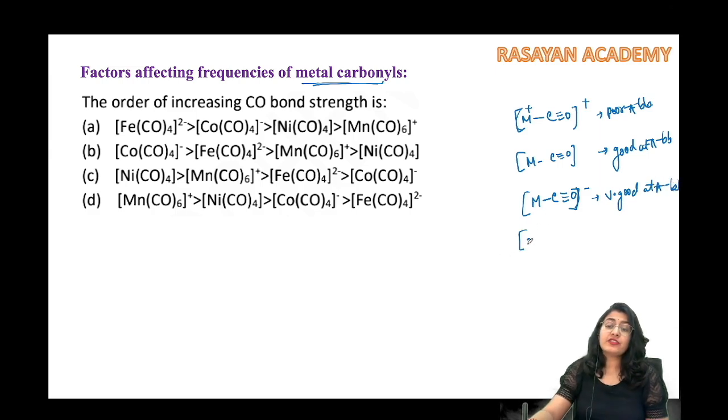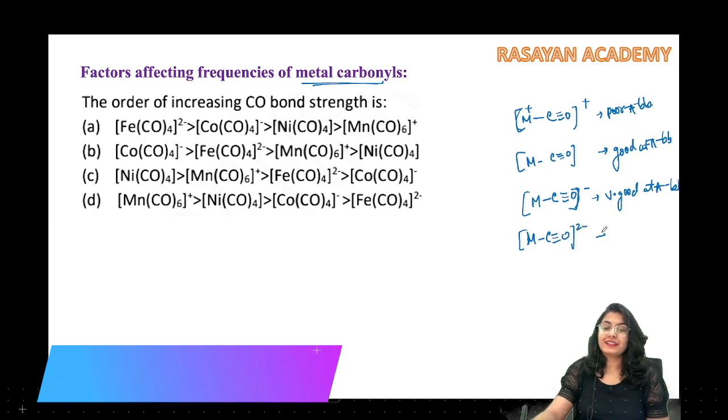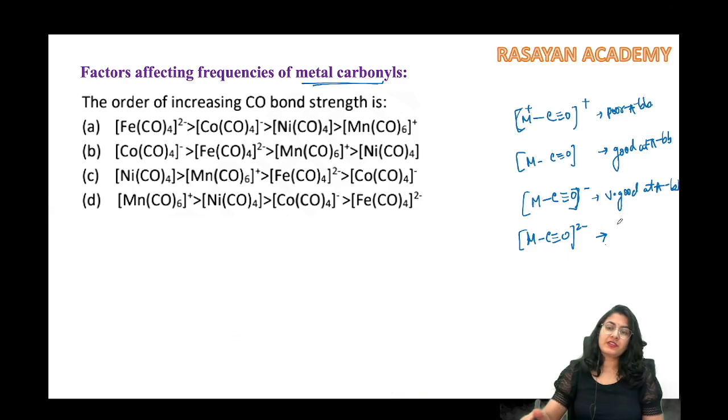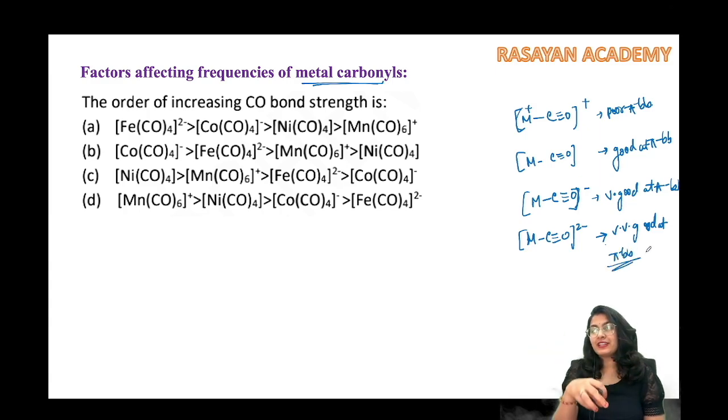All right, and when there is 2 minus, then this is going to have a very low stretching frequency of carbonyl because this is very good at pi back bonding. All right, just a simple concept. You increase the electron density on the metal, it is going to give to the carbonyl, saying I don't want the burden, you take the burden. All right, because it has a pi acceptor ability, that's why.